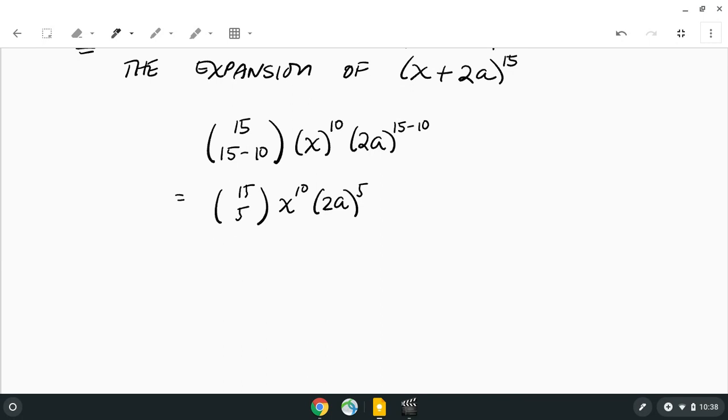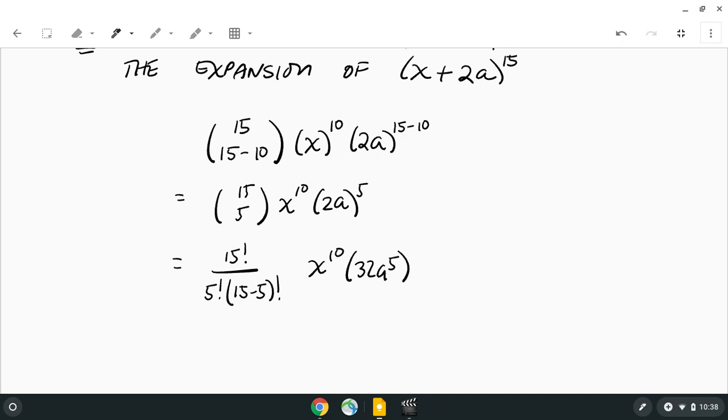Again, if you don't have that n choose r button, then let's just do this by hand. So let's just go ahead and do this. 15 factorial, 5 factorial, and then the difference, 15 minus 5 factorial. X to the 10th. 2a to the 5th. That's going to be 32 a to the 5th.